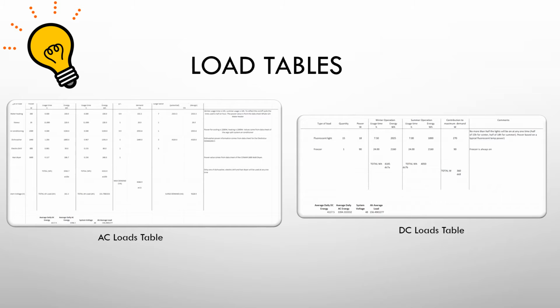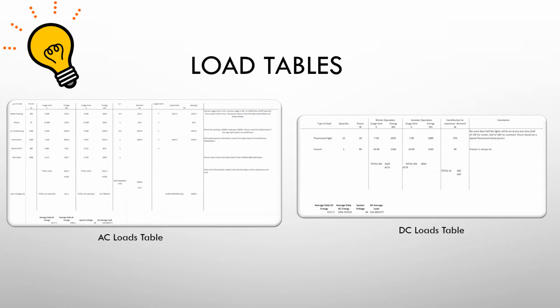Both the AC and DC load tables calculate daily energy usage in watt hours. It does this for both winter and summer separately. This energy is then divided by system voltage, in my case 48 volts, which gives the total load in amp hours. The PV system I designed has this table in both the DC loads and AC loads sheets, which gives you the average daily DC energy throughout the year, average AC energy throughout the year, system voltage, and the average load.